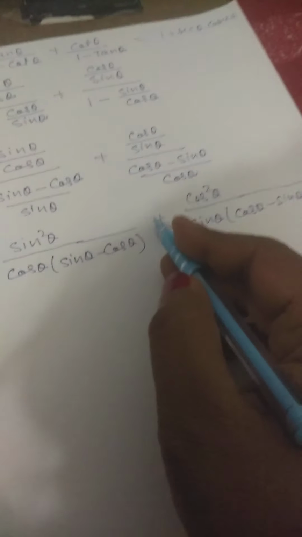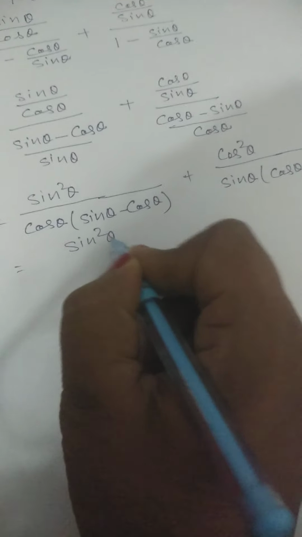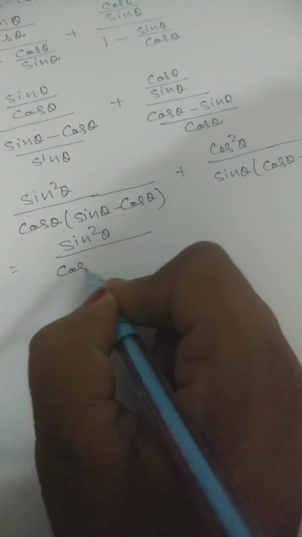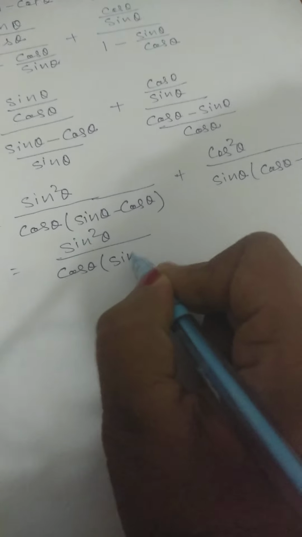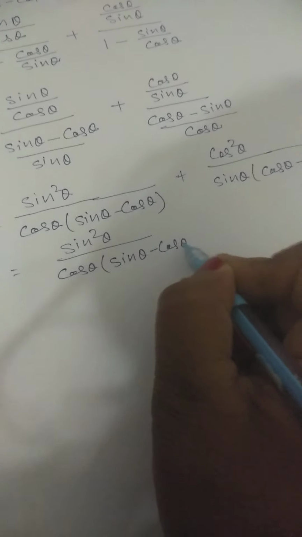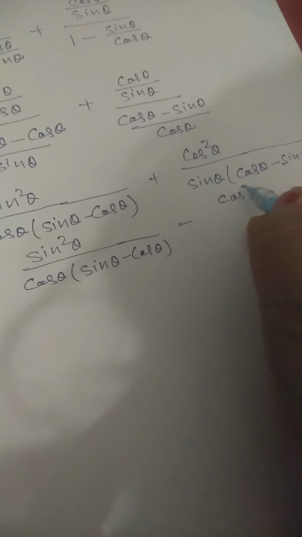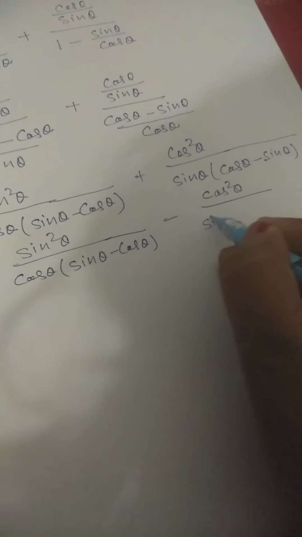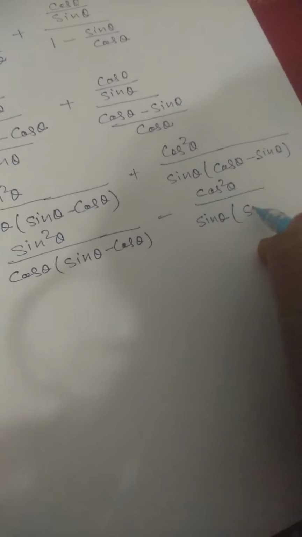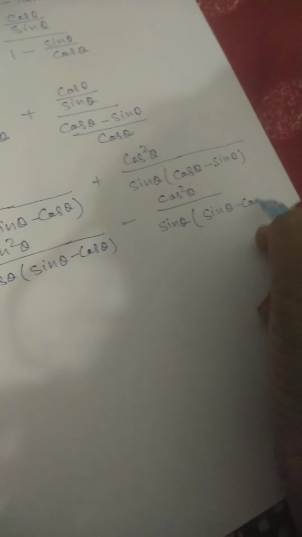Just to take the common minus sign. Sin square theta upon cos theta into sin theta minus cos theta, one time you can write, and common minus sign, cos square theta upon sin theta into sin theta minus cos theta.